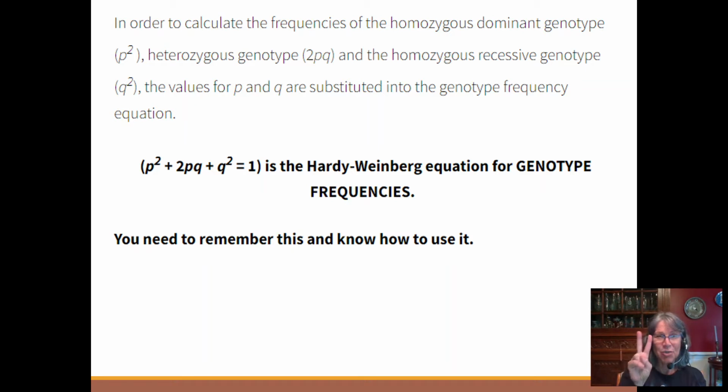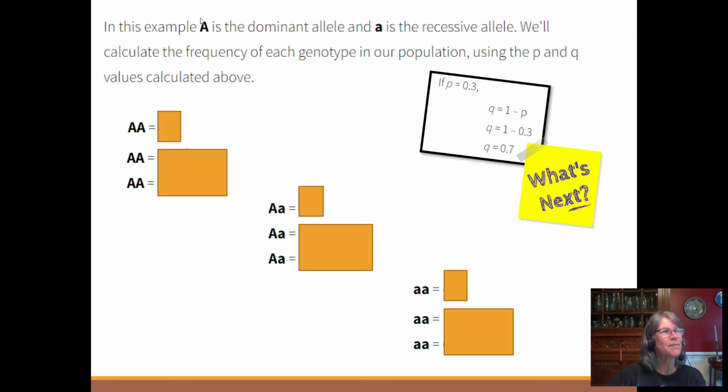A genotype has 2 alleles, right? So each individual has 2 alleles. So here, let's look at this example. P is 0.3, Q is 0.7. Let's say that capital letter A is my dominant allele and lowercase a is my recessive allele. How are we going to calculate the frequency of each of the genotypes?